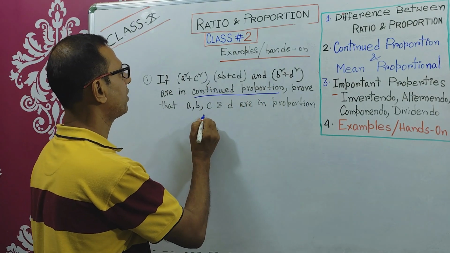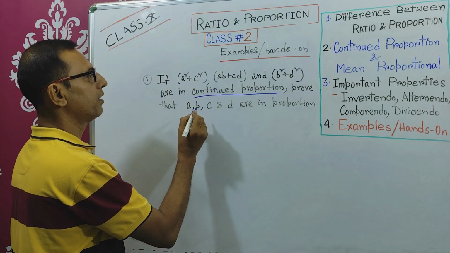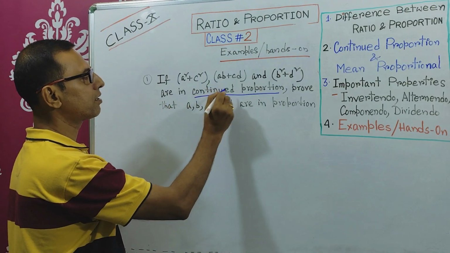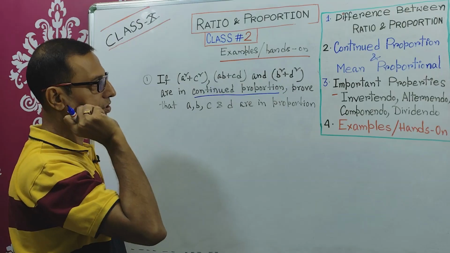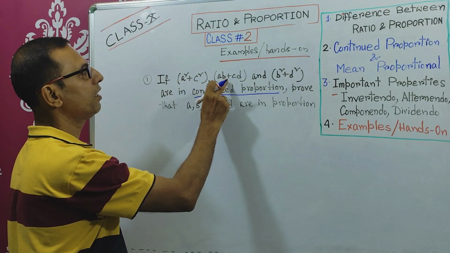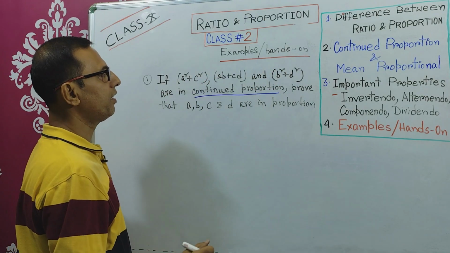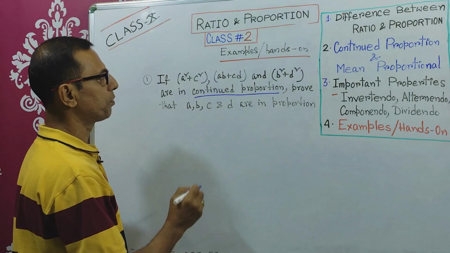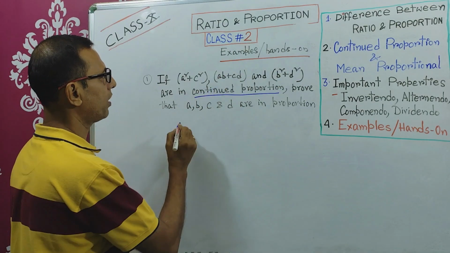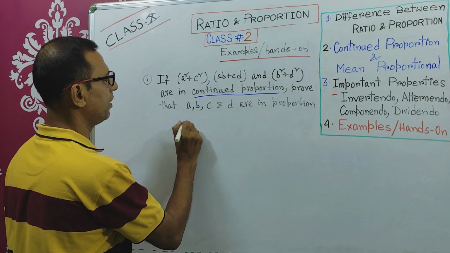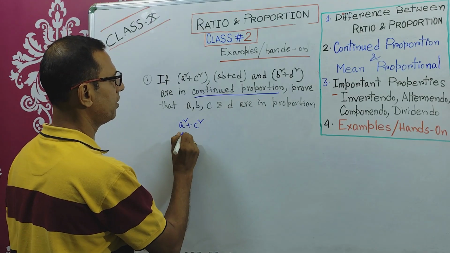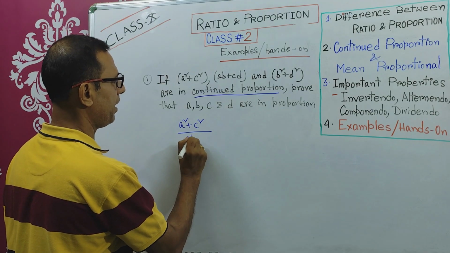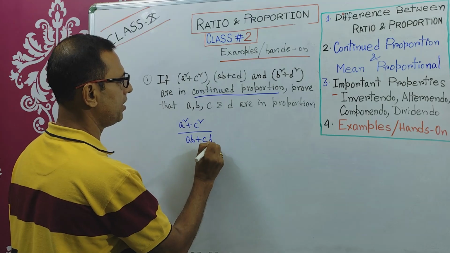So what is given, you need to express in a mathematical relationship. Three quantities are given and said to be in continued proportion. So what is the relationship given? A square plus C square by AB plus CD.